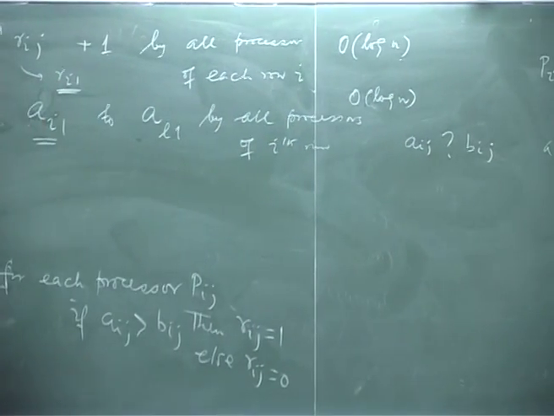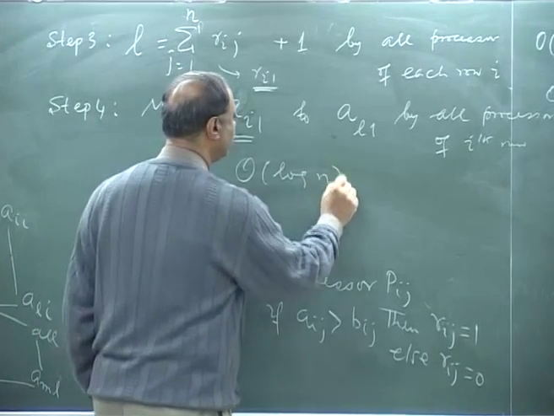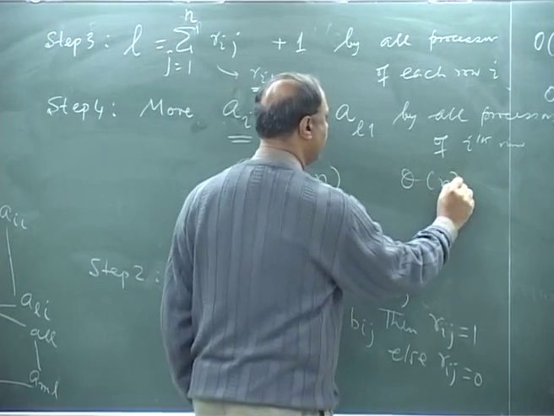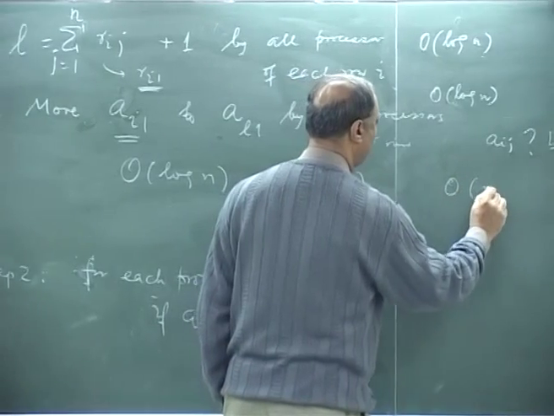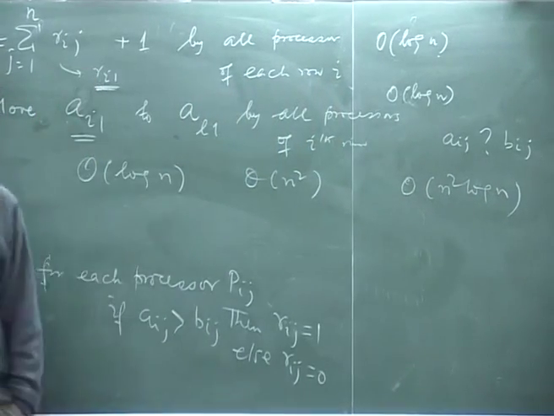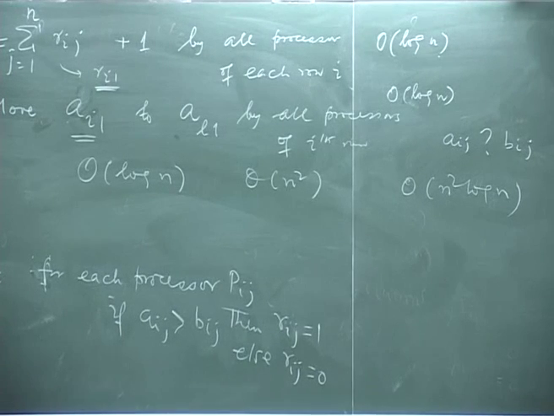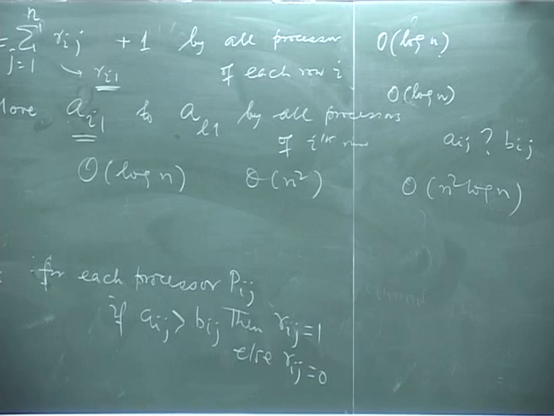So you observe the total time complexity is order log n. Using order n square processors, the cost is order n square log n to sort n elements. Order log n time, very fast. Order n square processors, but the cost is order n square log n.